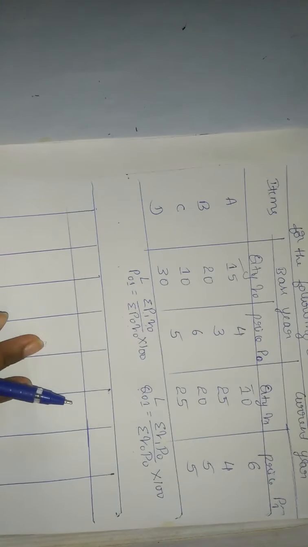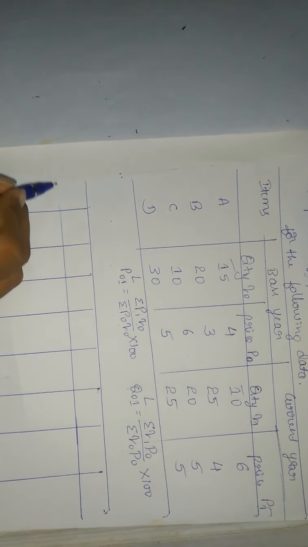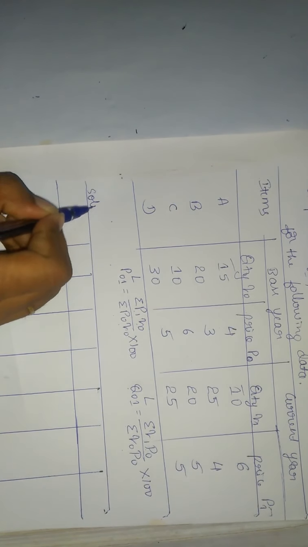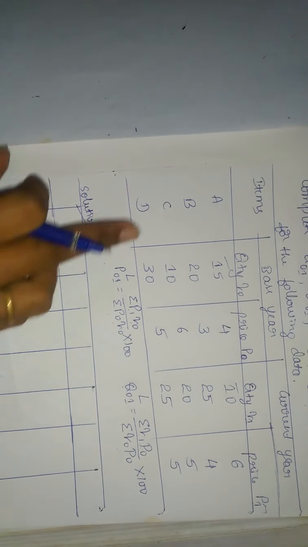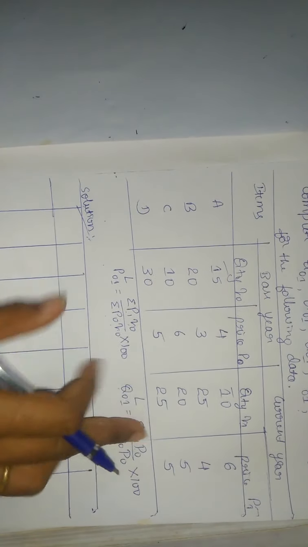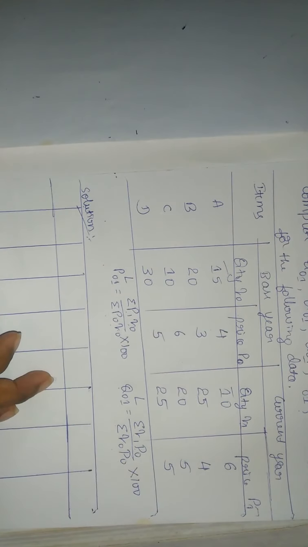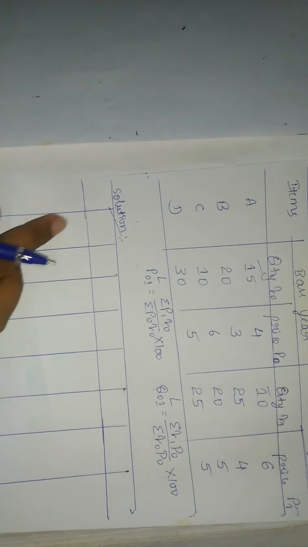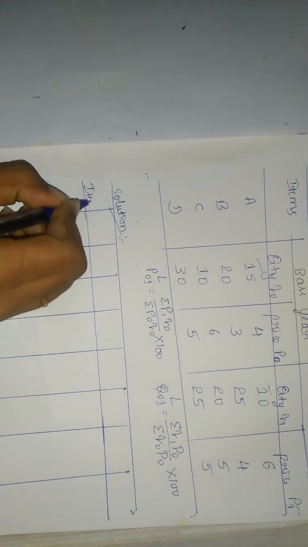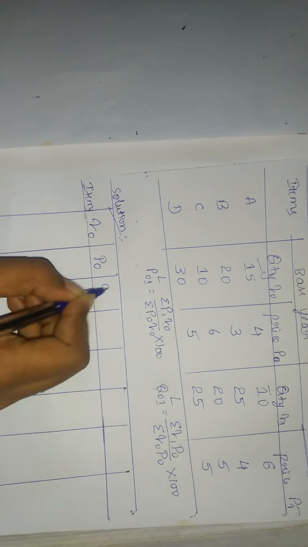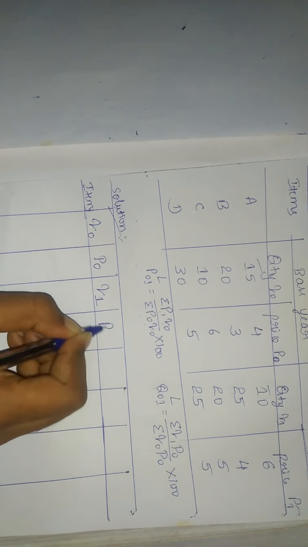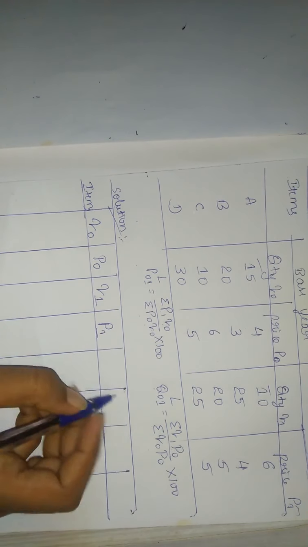Next, write the columns in the solution. In the solution you have to write whatever is given in the question, the same in the solution. Write the items, then Q naught, P naught, Q1, P1.